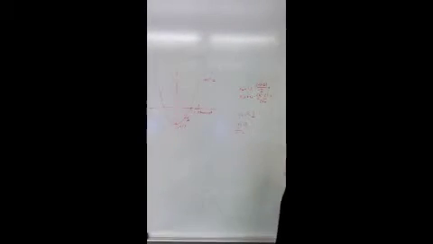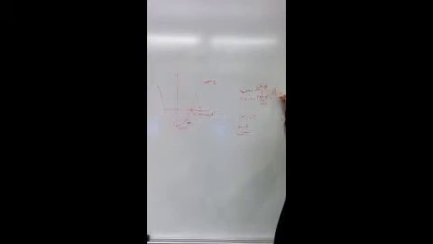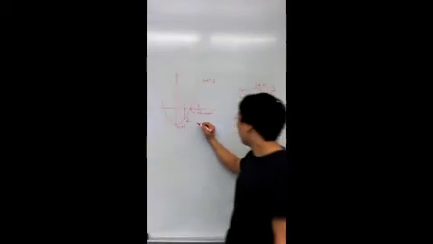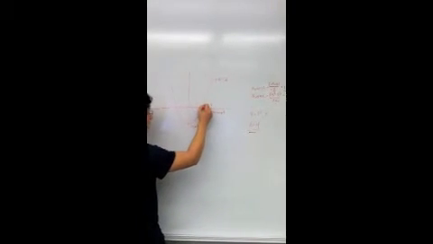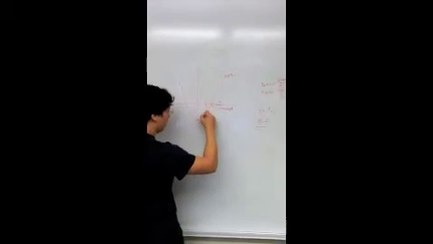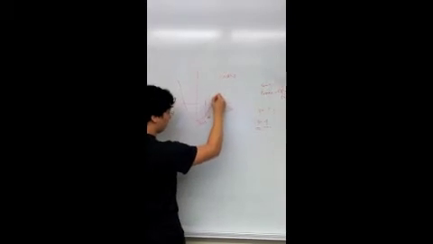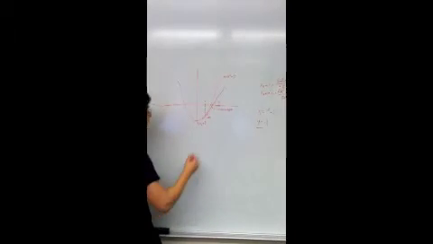And so that should give you the value of 1.5 for your x1, and that is right here. So if you draw the tangent line, it should go something like that.